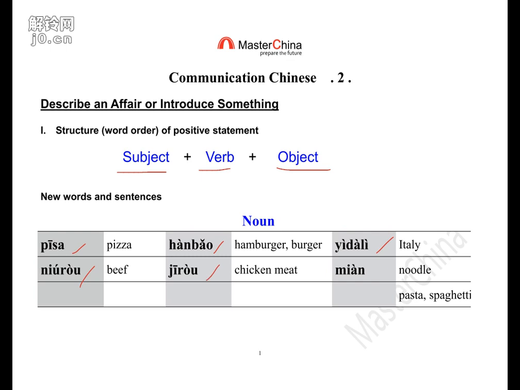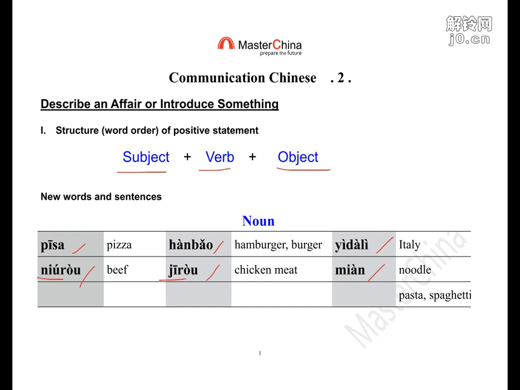鸡肉. 面. So from these three words, let me explain something here. You should notice is 牛 and the 鸡, they stay with the meat. So meat, we have learned in last class.